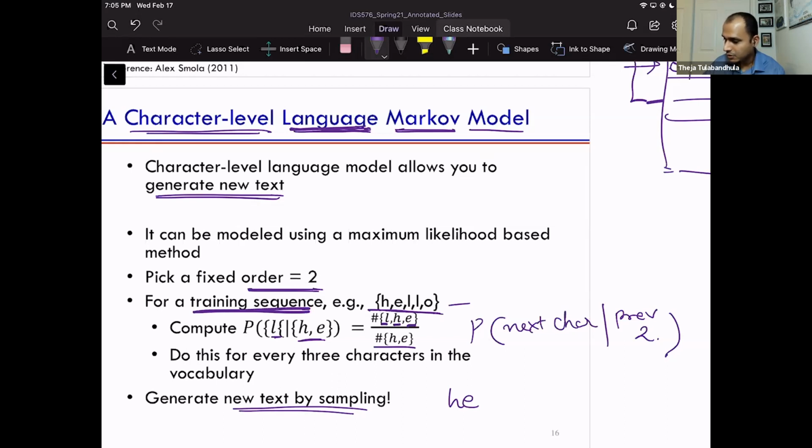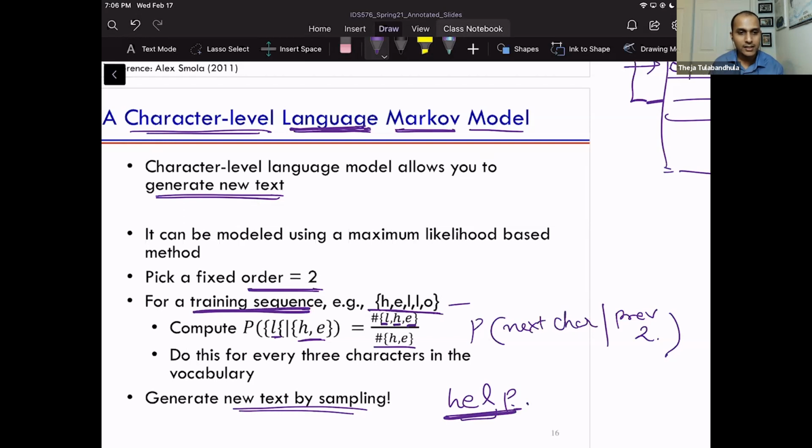Let's say it just happens to be L. Okay. And then given these 2, you can say what's the most likely next character that can happen. Maybe it turns out that it's not L, but maybe P. Okay. So this is how you generate, for example, a new sequence, and so on. So you can generate new sequences or new text by sampling.